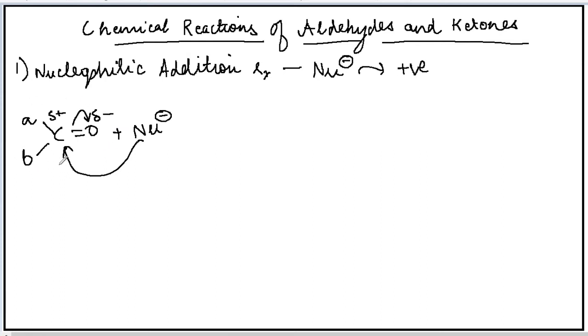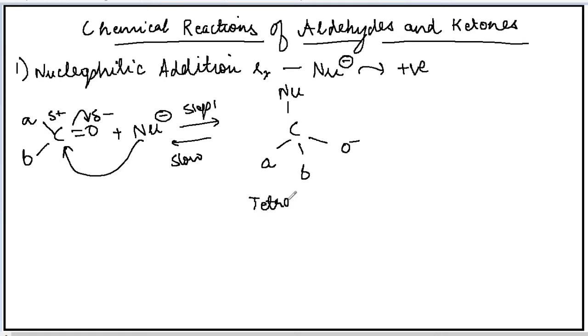When this carbonyl compound undergoes reaction with a nucleophile, the nucleophile will attack the positively charged carbon. This is the first step of the nucleophilic addition reaction, and this will be a slower step. When this reaction takes place, a tetrahedral intermediate is formed.